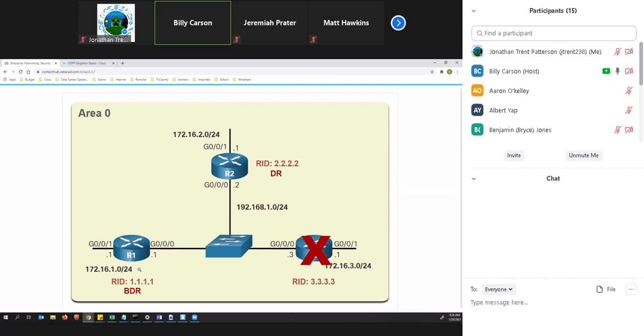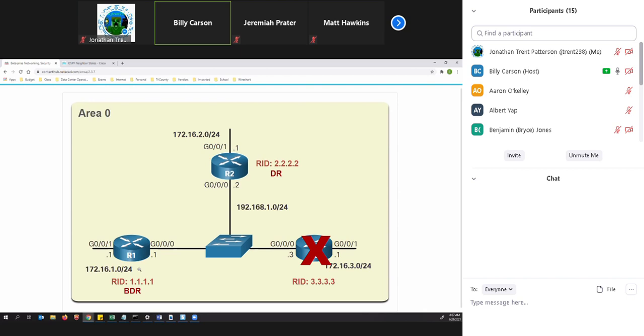And the way this is happening is because remember that hello command? We send that hello command out, by default every 10 seconds. Well, if I don't receive that by the time the dead timer goes to 0, then I'm going to say, that guy's offline.